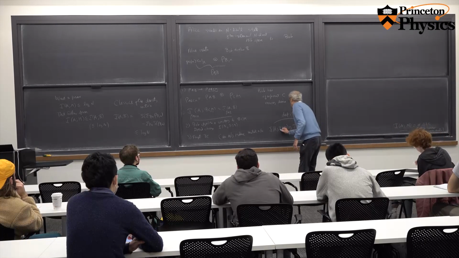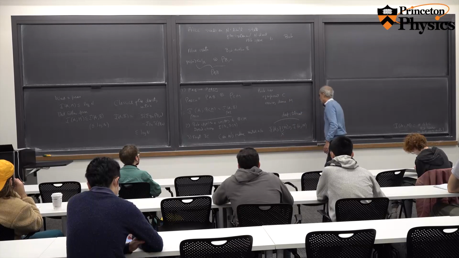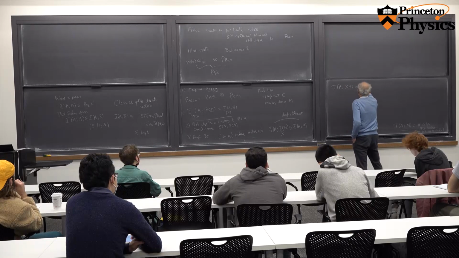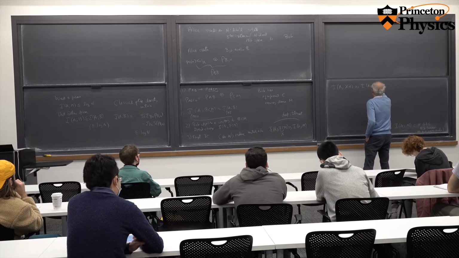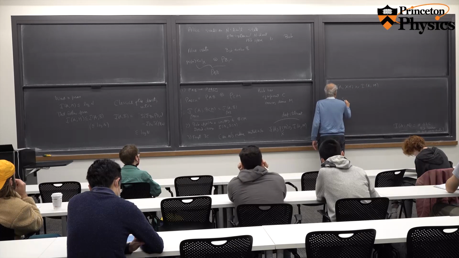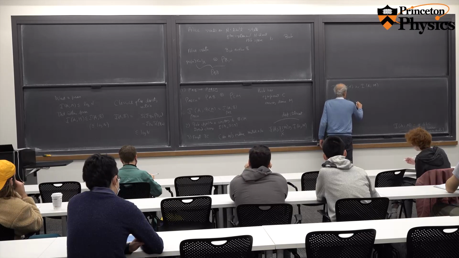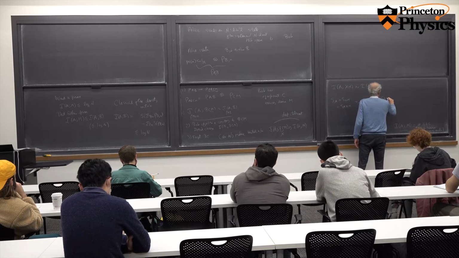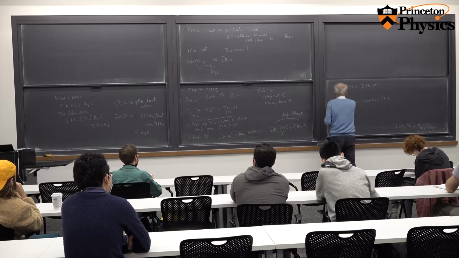Let me just use the abbreviation X for BC. So we're trying to say that I of A, XM, is equal to or bigger than I of A and M. If we write it out, that's just saying that SA plus SXM minus SAXM is equal to or bigger than SA plus SM minus SAM. And SA cancels.